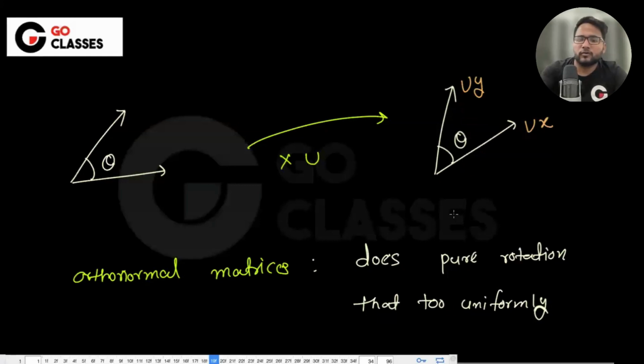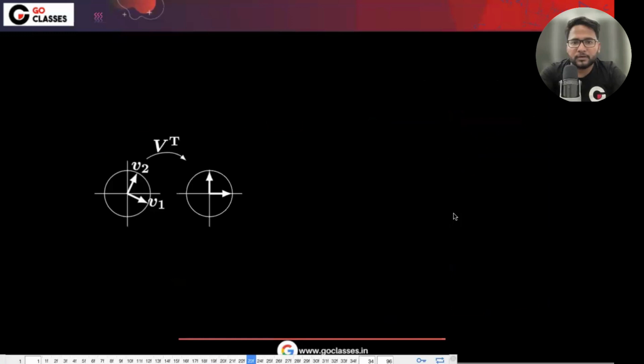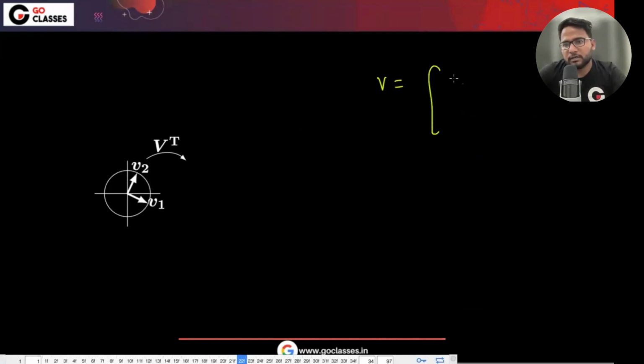So, for example, let's take one example here. Let's suppose v1 and v2 are two vectors. If you multiply these two vectors, where v transpose is, let's suppose this is v1 transpose, this is v2 transpose, and there are many other vectors, but that's fine.